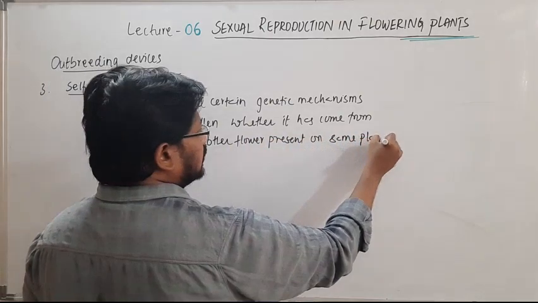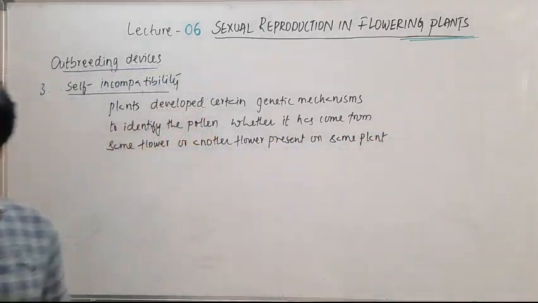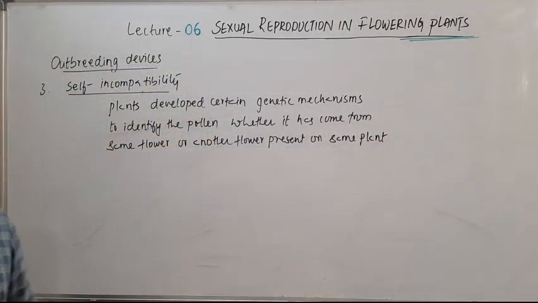In that case, they identify that pollen, and it will not allow the pollen to germinate or to grow the pollen tube in its pistil. That's what we call self-incompatibility.